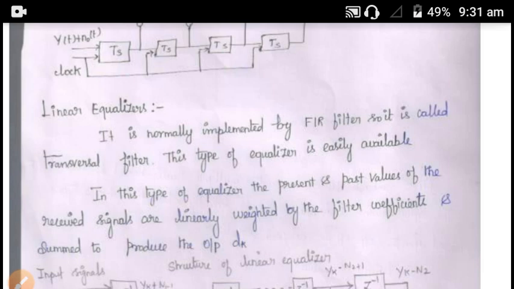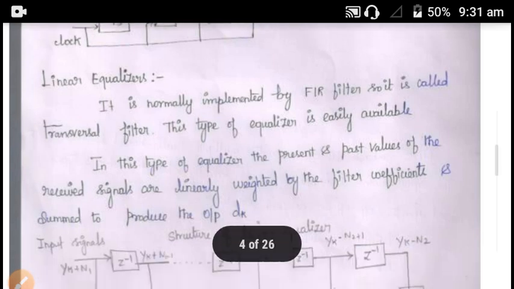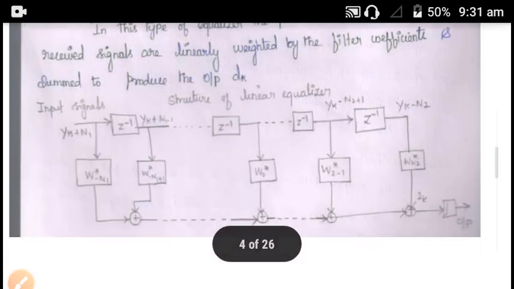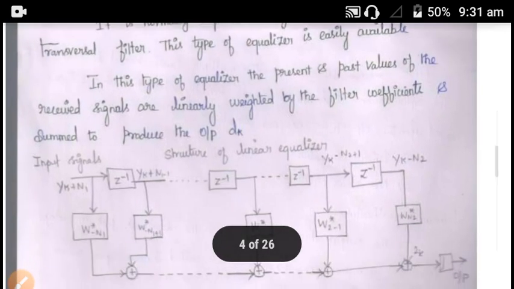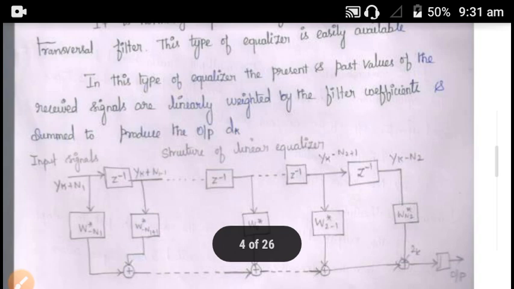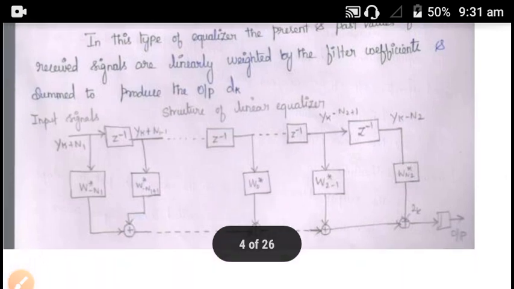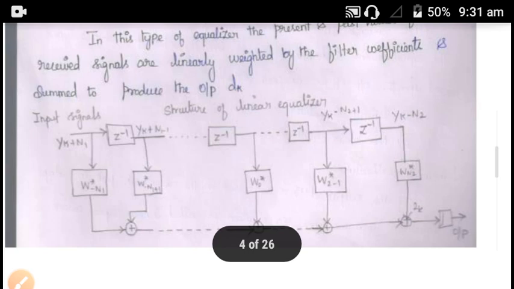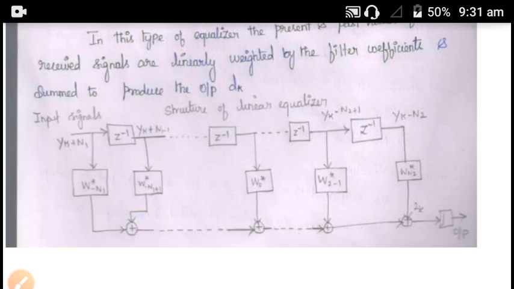So the present and past values of the received signal are linearly weighted by the filter coefficients and summed to produce the output. In the adaptive equalizer, while sending the training sequence they set the filter coefficient, linearly weight the received signal with it, and sum everything together to produce the output. Here the figure shows the structure of the linear equalizer.